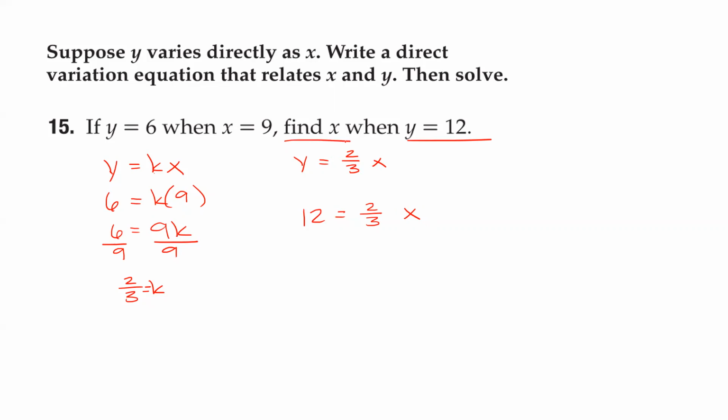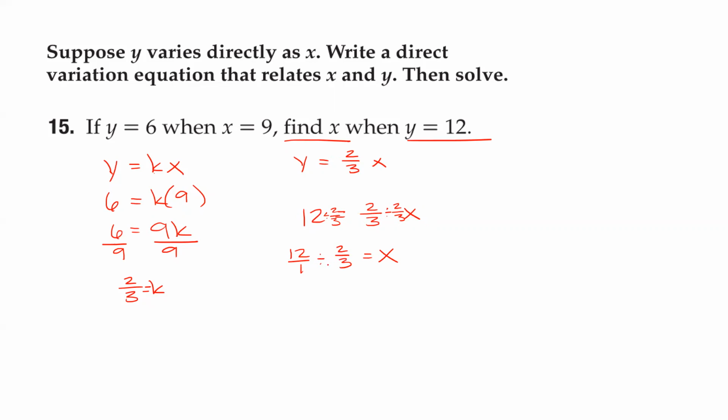Since x is being multiplied by 2/3, we're going to do the opposite and divide both sides by 2/3. So I'm dividing 2/3 by 2/3, which equals x, and then dividing 12 by 2/3.